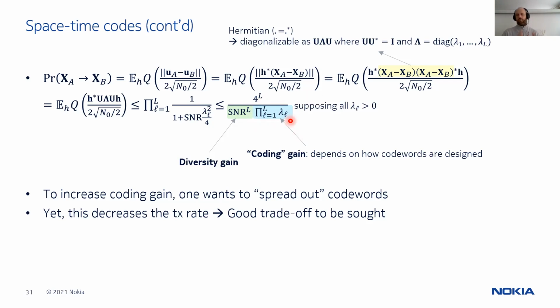So, of course, the error probability is decreasing, but on the other hand, you're transmitting at a lower pace because you're transmitting less information, right? So basically, there's a trade-off between what is called coding gain and the transmit rate, which leads to all the MIMO communication that is the basis of, let's say, 5G and even 4G.